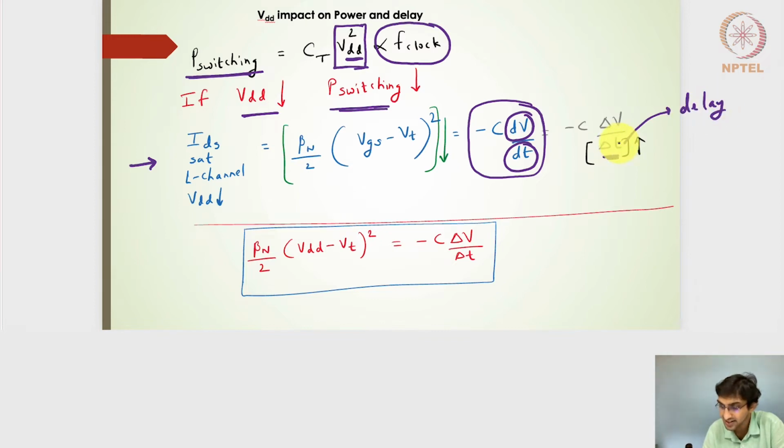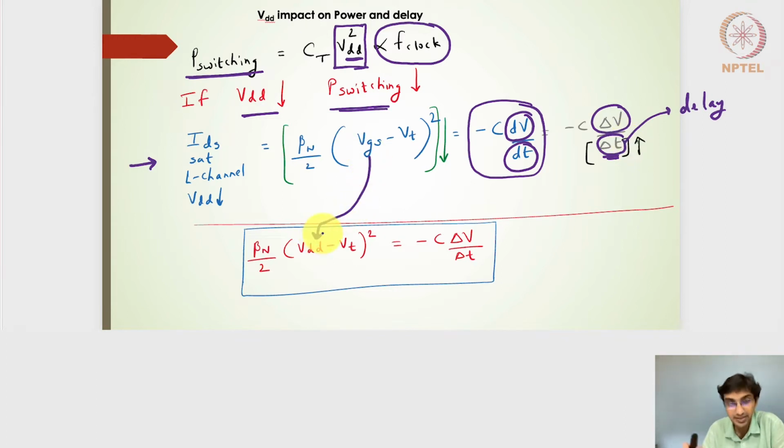What it means is, for charging or discharging the capacitor by a delta V amount of voltage, we require this delta T amount of time. Based on whether this current is higher or lower, the delta T is going to vary to charge or discharge this delta V voltage.